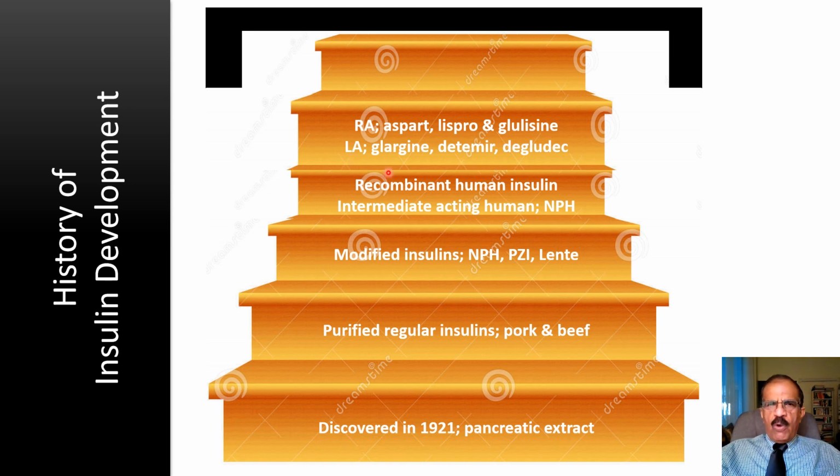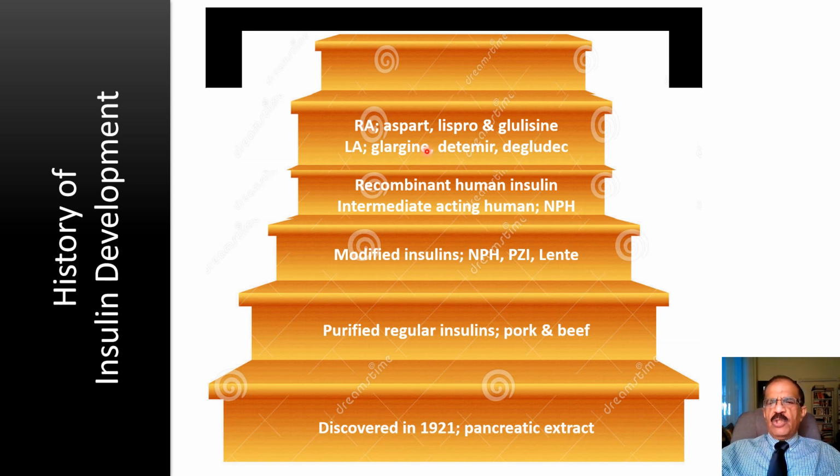Then we have long acting analogues. Human insulin is modified by again either substituting some amino acid with another one, or attaching a fatty acid chain with that one, or some other manipulation. So the aim is that this time the insulin becomes truly long acting, because instead of hexamer, polyhexamers are made.